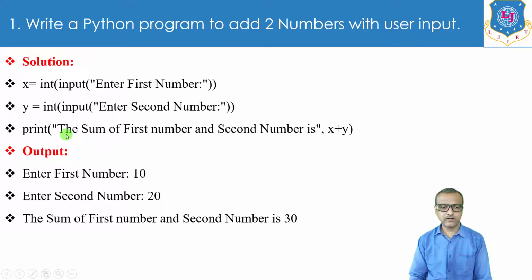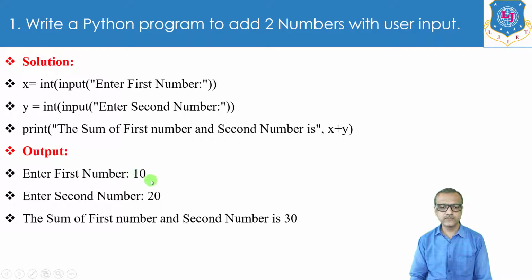Now print, the sum of first number and second number is, comma. See, the first number is in x, the second number is in y. So we are going to add the two numbers x and y, that is x plus y. So what will be the output in this case? We have enter first number.